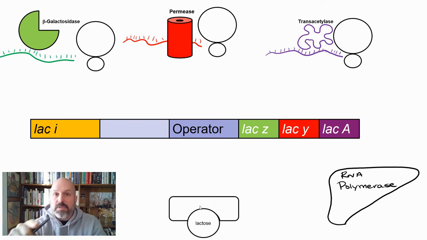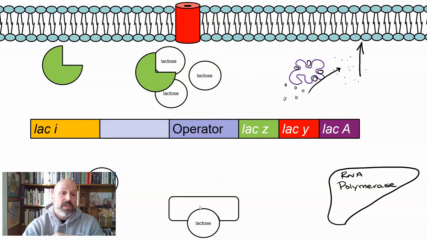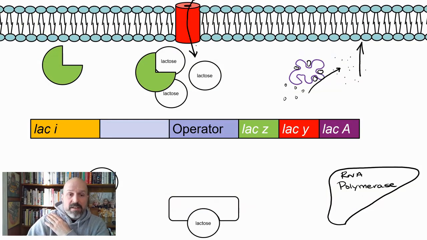Once this metabolism starts taking place of breaking apart lactose into galactose and glucose, it's going to have some toxic or not wanting to keep around byproducts. So that is going to detoxify them and kick them out of the cell and not let them back in. So here we have our membrane. Here we have one of the permease molecules that is now letting in more lactose.